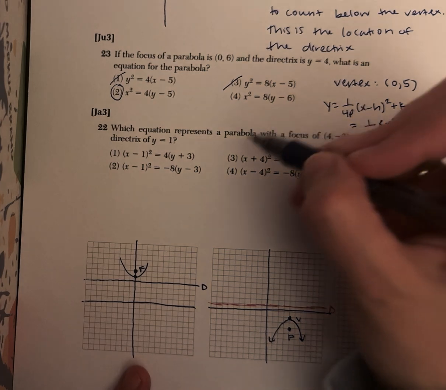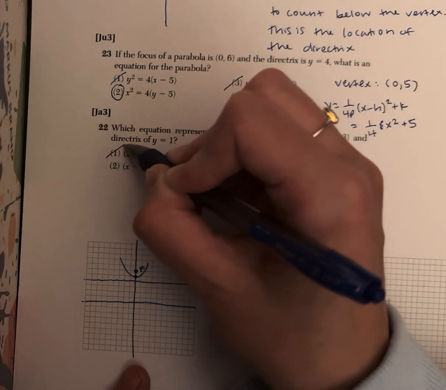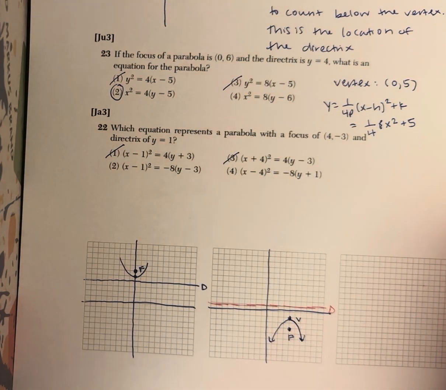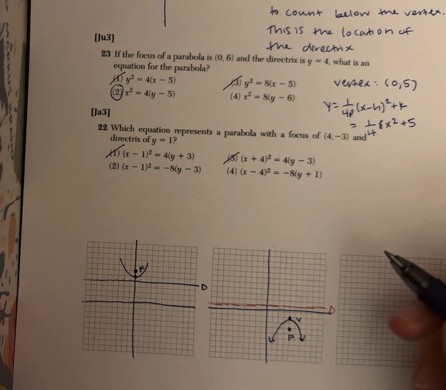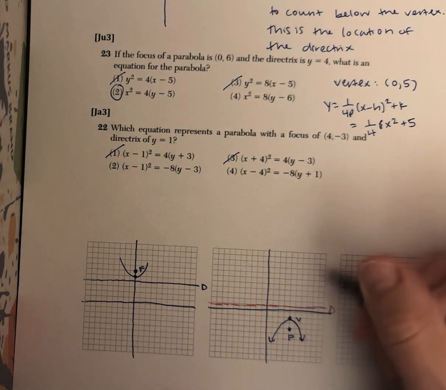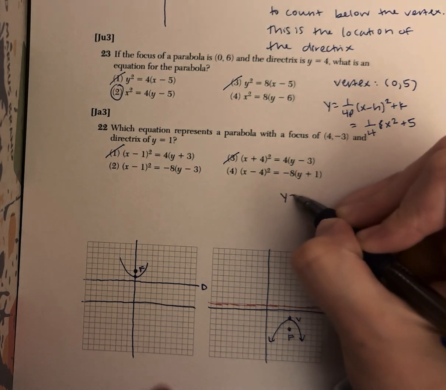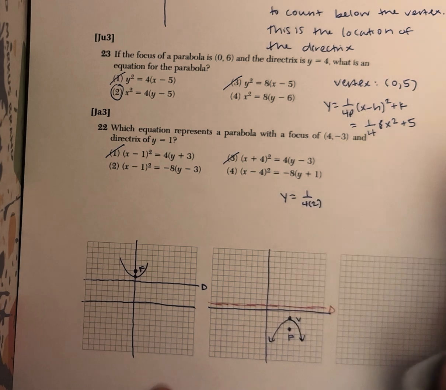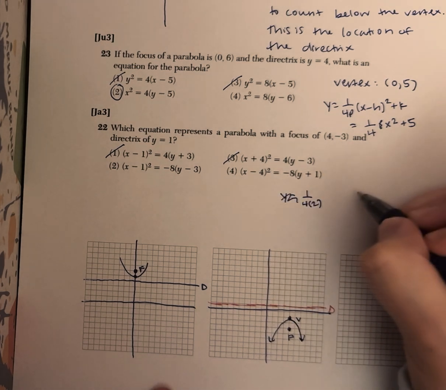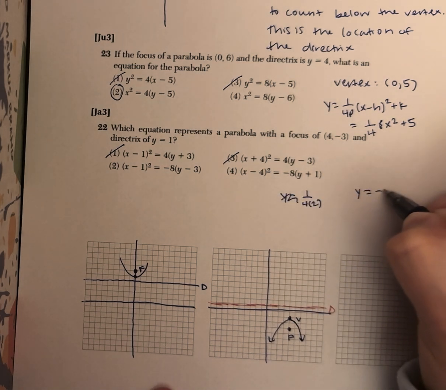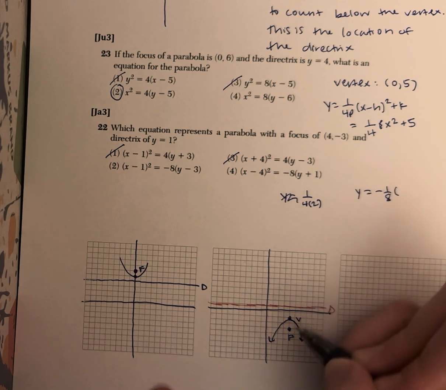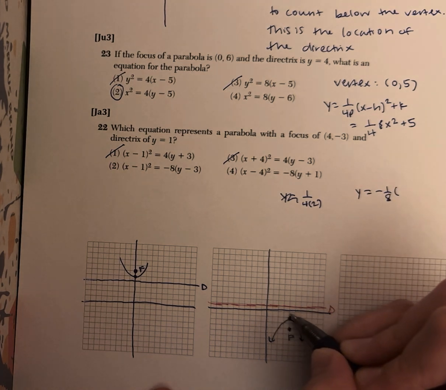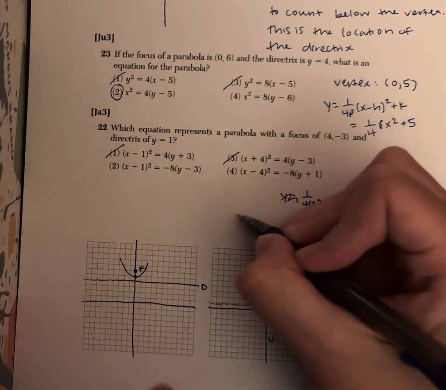So I'm looking for an answer that's negative. The P distance is 2, so y equals 1 over 4 times 2. It's going to give me 8, so we'll go y equals -1/8. My vertex is at 4, -1.